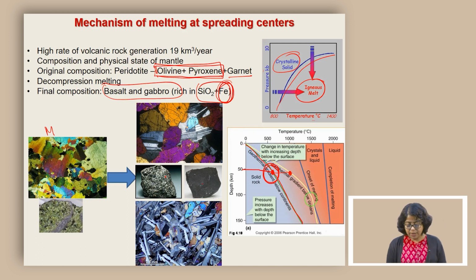So, looking at these microscopic features of minerals, it is quite clear that although it started from peridotite, it eventually produces basalt and gabbro in the areas of divergent boundaries under the ocean. So, we will eventually find a lot of production of basalt and gabbros.